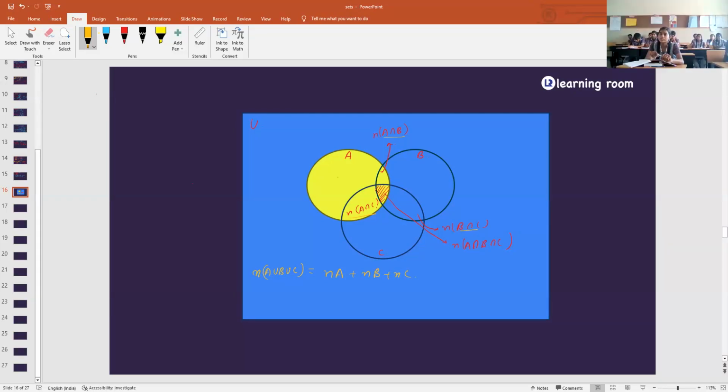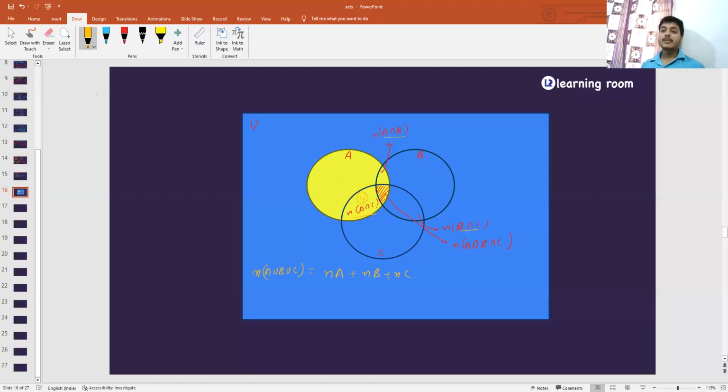Because see here, let us say that this is your set A and this is your set B. If they are overlapping, this overlapping part got added twice now, isn't it? This A intersection C is available in A also and C also. Are you getting my point? If let us say that 4 is there, you are adding 4 in A also, you are adding 4 in C also.